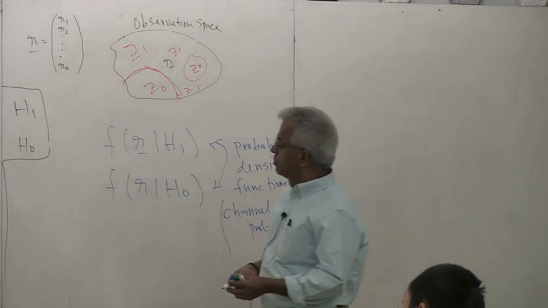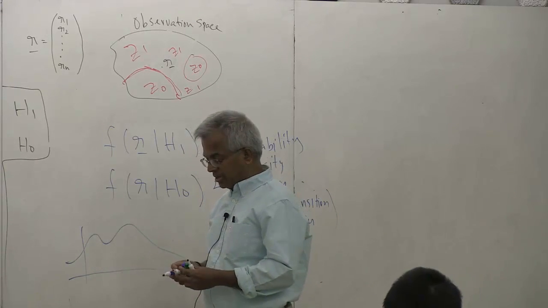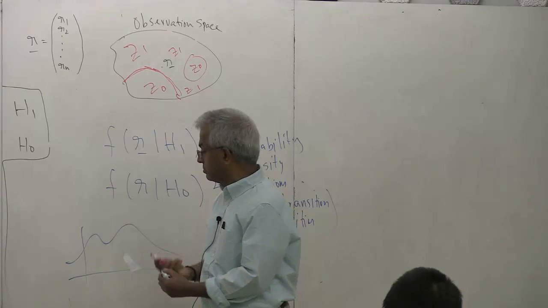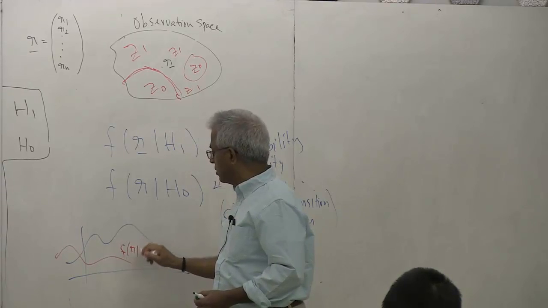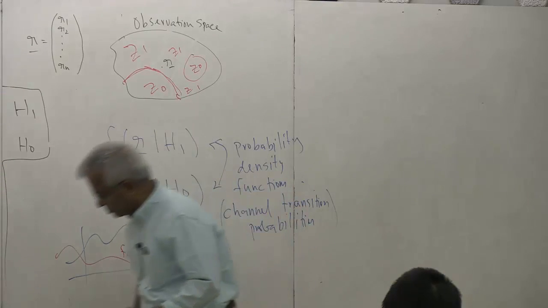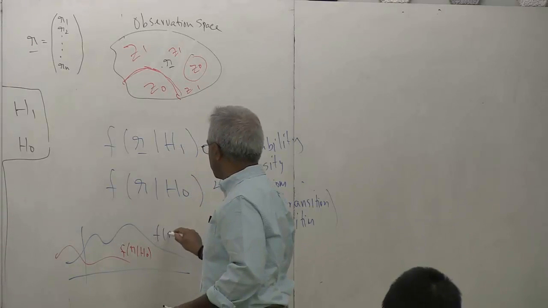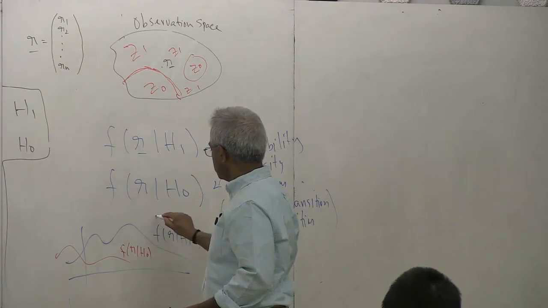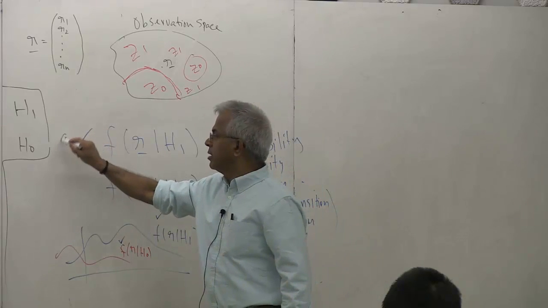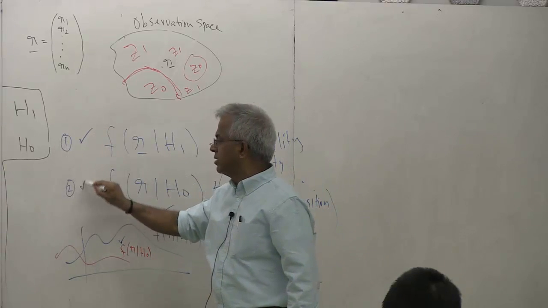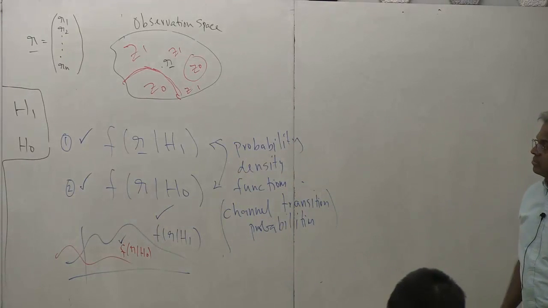So if you plot them, remember, probability density functions, so this may be f_R under H naught, and this is f_R under H1. I am going to assume that we know from the dynamics of the problem, or from the data given, we can figure out all these things.